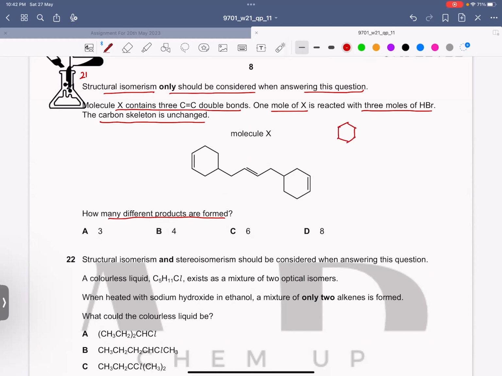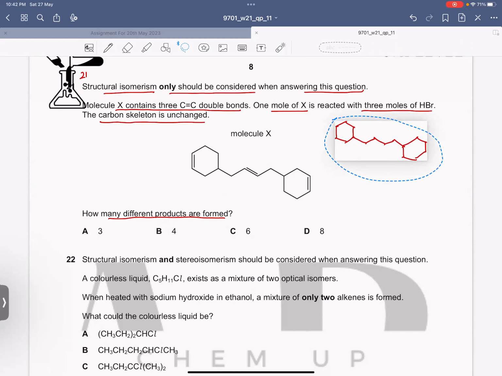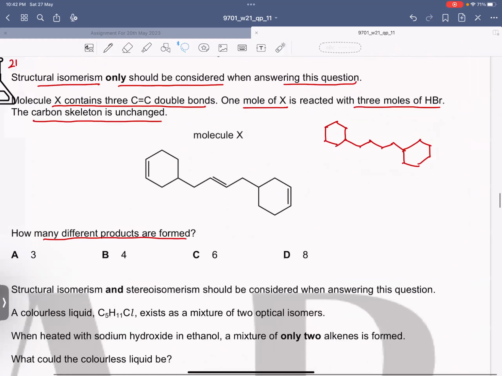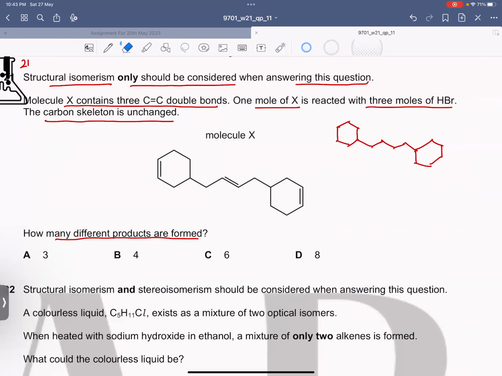Let me draw the first possibility first. Then we will look into the rest of the ones. So one scenario can be that we know we are adding HBr.